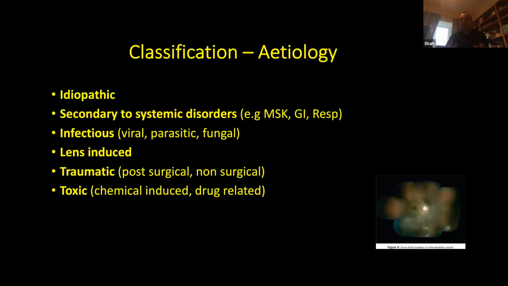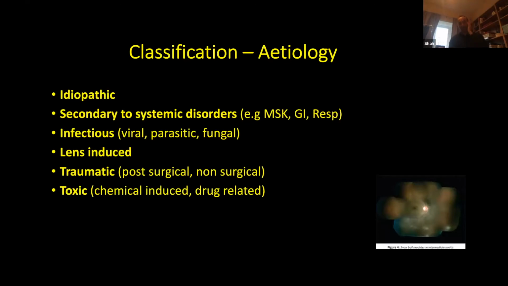Having decided where the inflammation is, and as I said, it can be anterior, intermediate, posterior, or panuveitis, you're then thinking about various conditions that can cause inflammation. And by and large, it's idiopathic. Most of your patients, 30 to 40%, will never have a cause. It might be a one-off anterior uveitis, or even in recurrent cases, you might not find a cause.